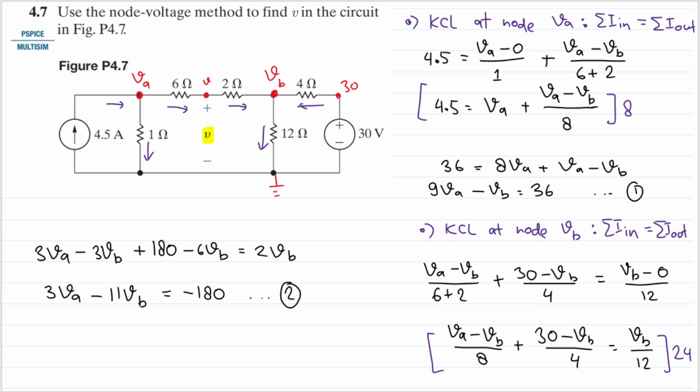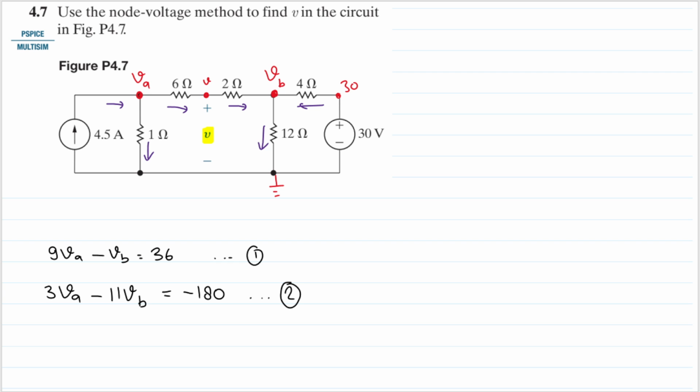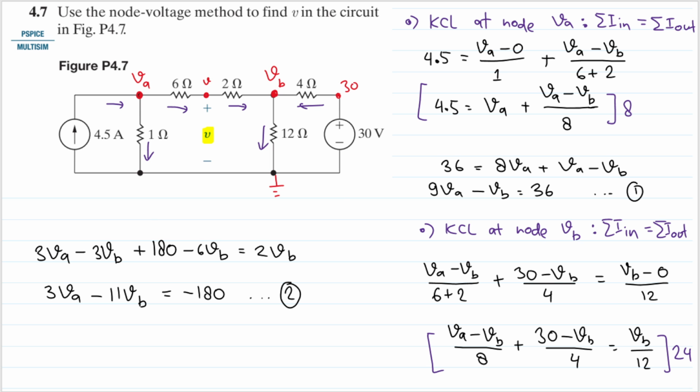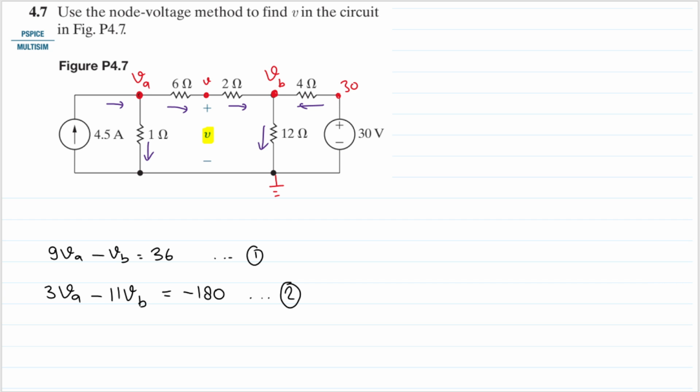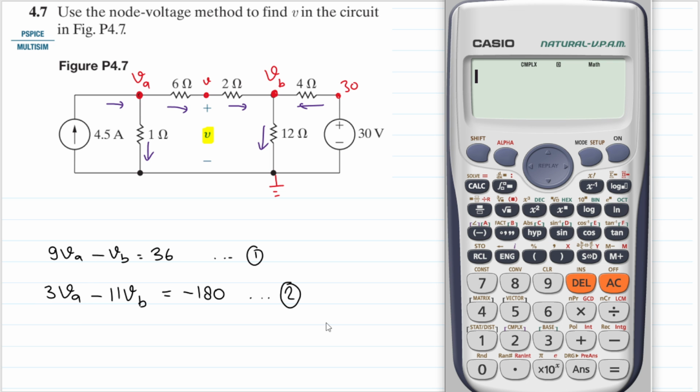Okay, we have 2 equations and 2 variables. We can solve this. Maybe let's clean up the board first. So far we got this first equation from KCL at node VA, and then the second equation from the KCL at node VB. Now let's calculate VA and VB. We can use matrix inversion or substitution and elimination, but I think the fastest way is to just use calculator.